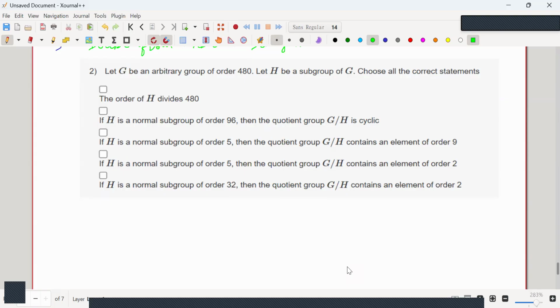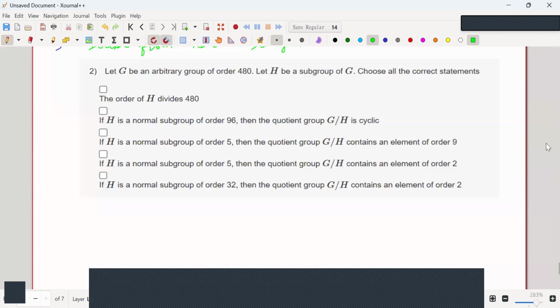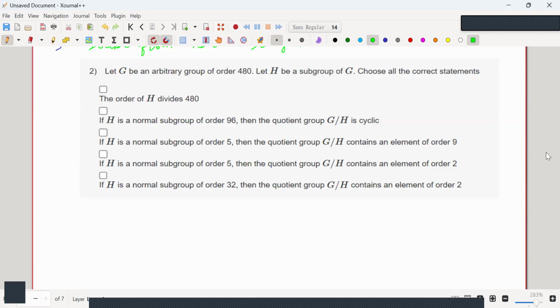How many statements do you know which say that if the group is of a particular order or a particular type, then the group is cyclic? You are not given any element here, right? What you are given is the order of G and the order of H. So it should be based on just the order, right?